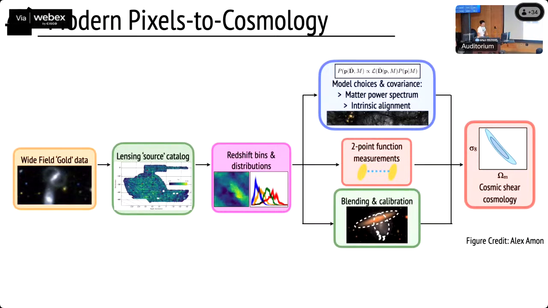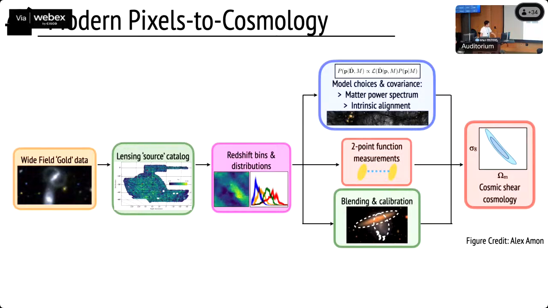Okay, I'd like to start with a flowchart of a modern cosmological analysis pipeline, going from images all the way to cosmology. As you've heard in previous talks, measuring distant galaxies with gravitational lensing signal due to cosmic structure requires knowing about galaxy shapes and their redshift distributions.